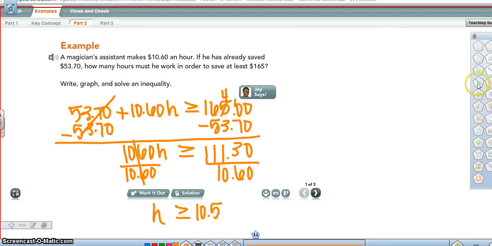Okay, we want to also graph our answer. So you want to start by sketching a number line. Your number line should have arrows on both ends because the number line goes on forever in both directions. We need to sketch something about 10.5, so we need to make sure we include 10.5 and some of the values around it.